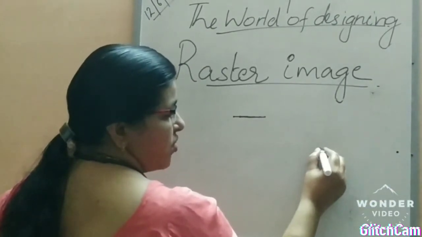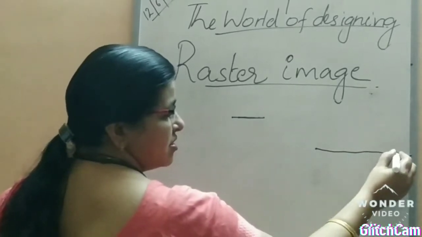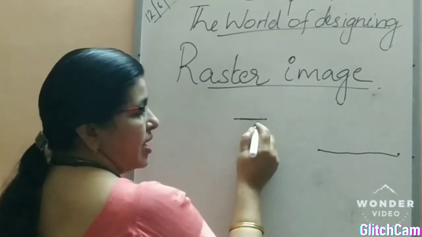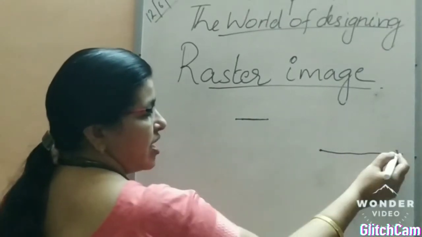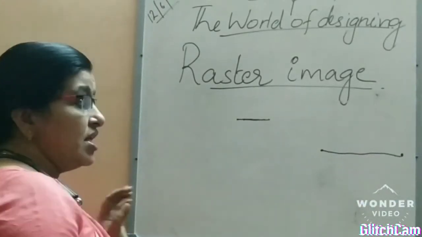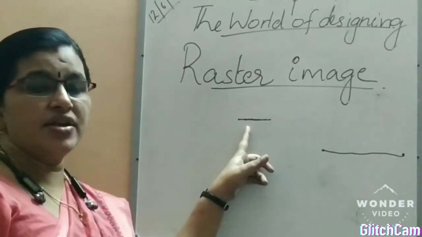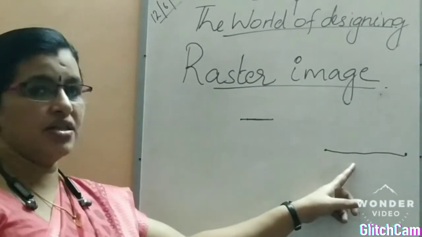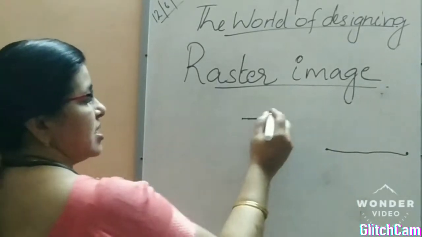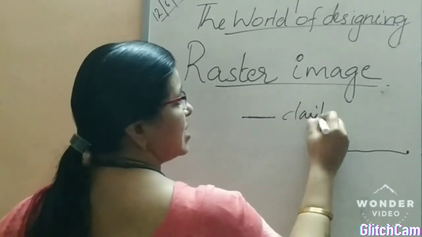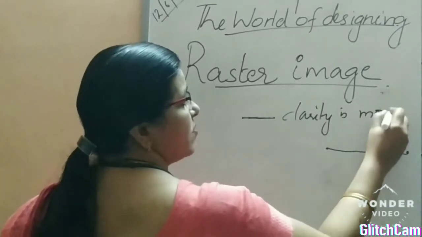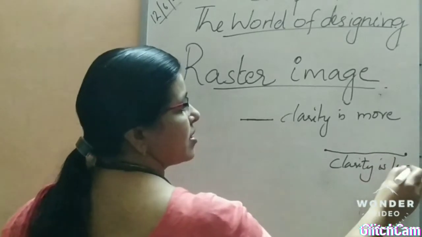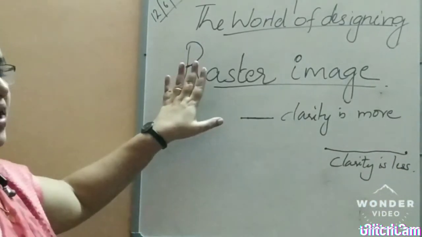How would you draw it? See the line drawn using the dots nearby, and if the dots are at a longer distance, what is the difference? The clarity is more when the dots are near. What about here? The clarity is less.